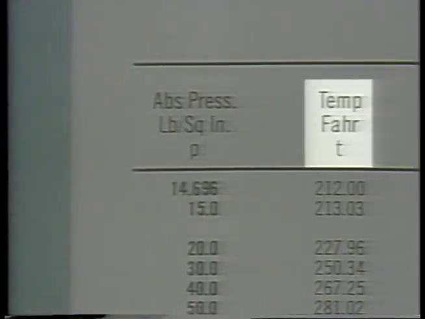The column next to the absolute pressure column is temperature in degrees Fahrenheit. As you would expect, the saturation temperature for water at atmospheric pressure is indicated as 212 degrees Fahrenheit. The next three major headings are specific volume, enthalpy, and entropy.